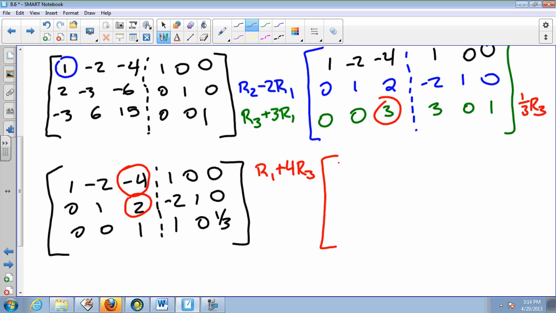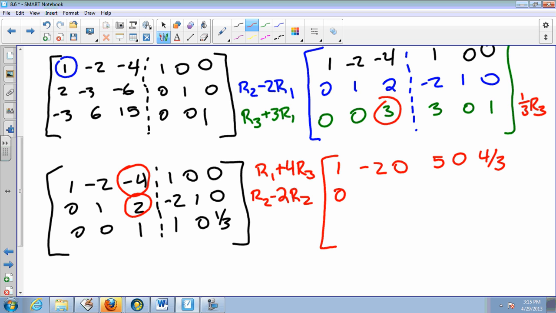So we get 1, -2, 0, 5, 0, 4/3. We can also at the same time do row 2 minus 2 row 2.